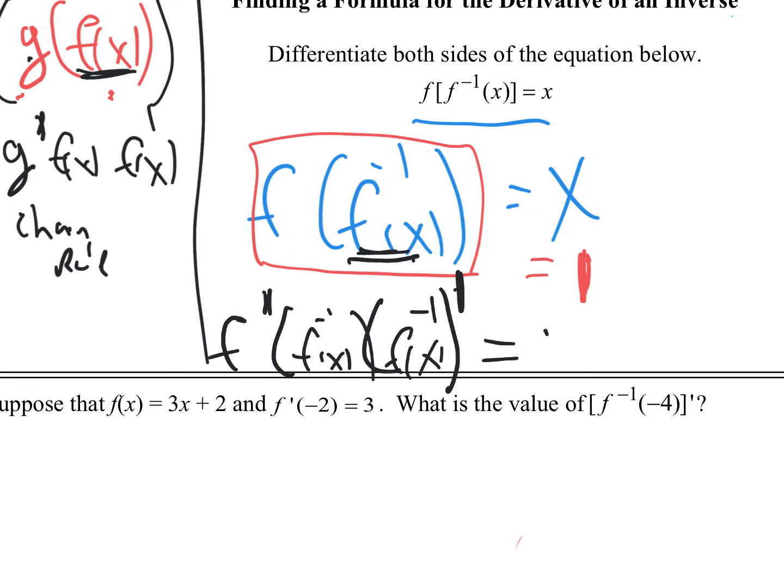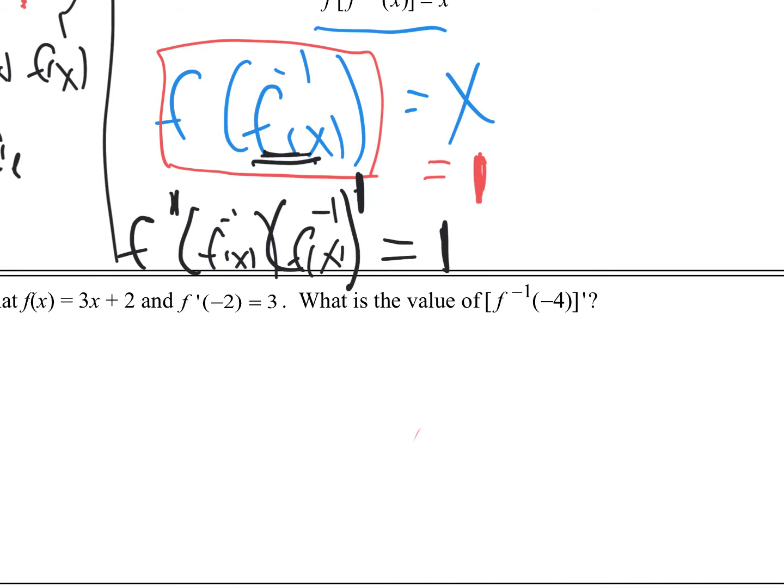That must equal the 1 that Cassidy said. The reason that helps is because I want to know what the derivative of the inverse is, so I'm going to shade it in yellow.